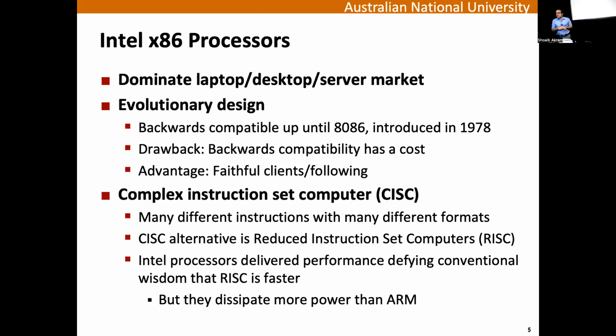It's a complex instruction set architecture. What is ARM? Is ARM a CISC ISA? No, it's a reduced instruction set architecture. A CISC ISA, or complex instruction set computer, has more complex instructions.